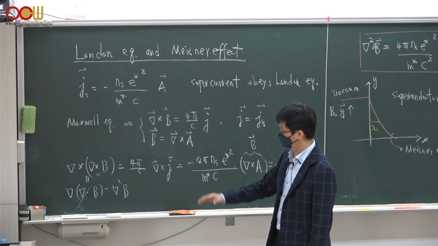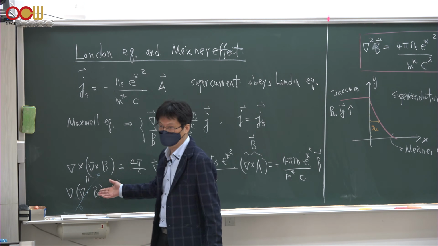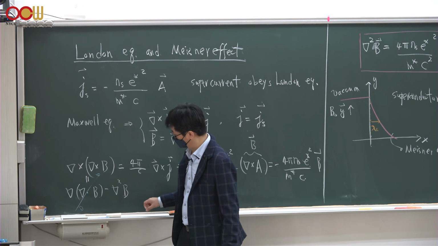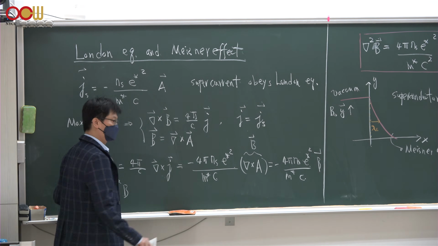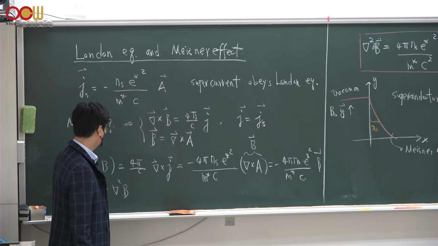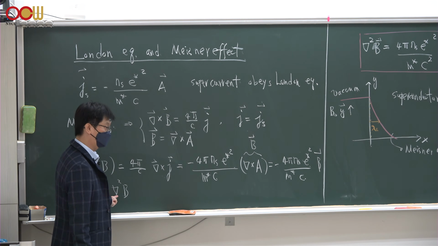From Gauss's law, the divergence is given by the charge that you enclose on the surface, but there is no such magnetic monopole, and therefore the divergence of B vanishes. The left-hand side of the equation is then given by just minus gradient squared B.